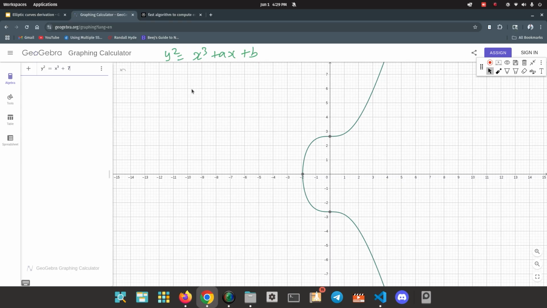Now we want to work with the points in the elliptic curve. There are various points that satisfy this equation, and those points form the curve, and we can think about the set of all points in the elliptic curve. Now we need to form a group. Remember, a group is an abstract mathematical structure which has some nice properties.